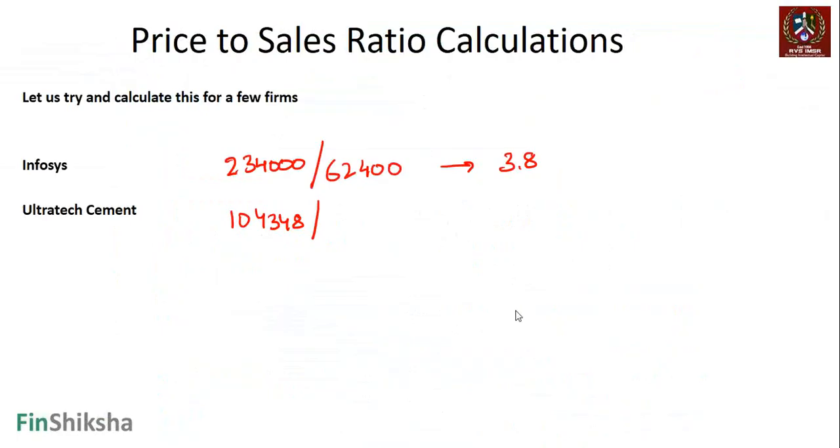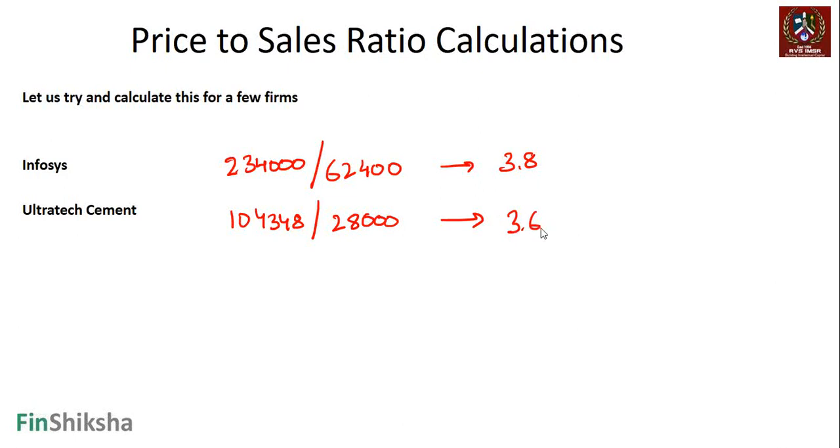I can use any of these metrics. Let's use 28,000 crore. If we divide, it would be approximately 3.6 or 3.7, which would be the price to sales number.